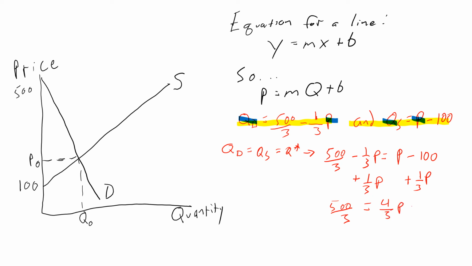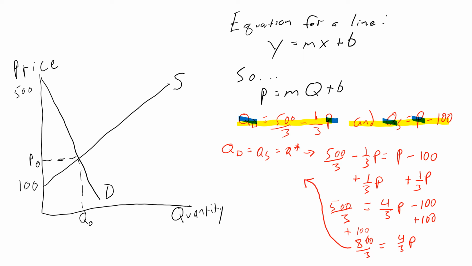We have 500 over 3 equals 4/3 P minus 100. We can then add 100 to both sides, and that's the same thing as 300 over 3. So we have 800 over 3 is equal to 4/3 P. I'm just going to come up over here with that equation.